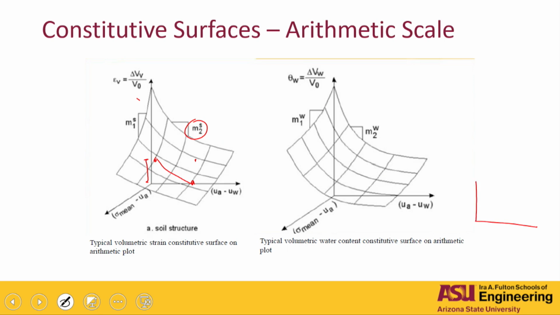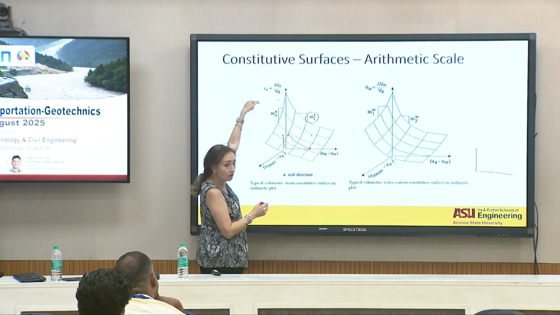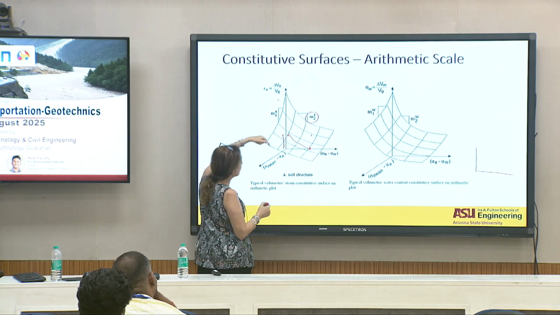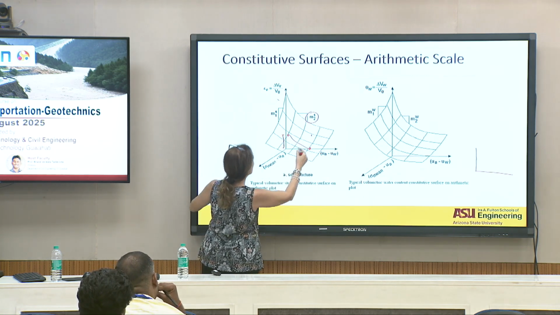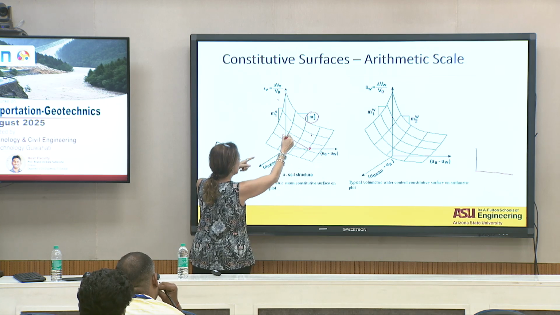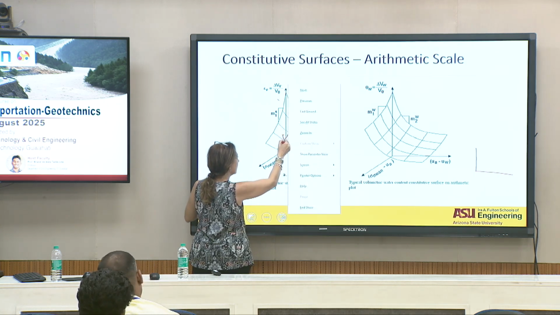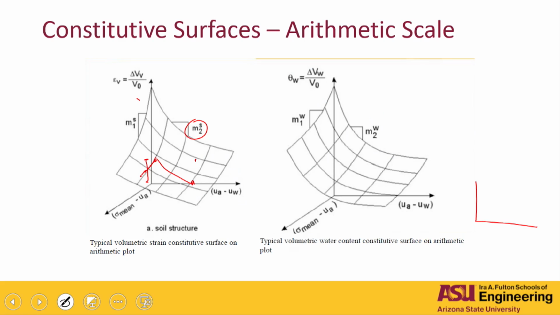When you decide to load the soil, you are now on one of these surfaces, and the soil can start going down, and there is even a point where you can get collapsibility due to that.